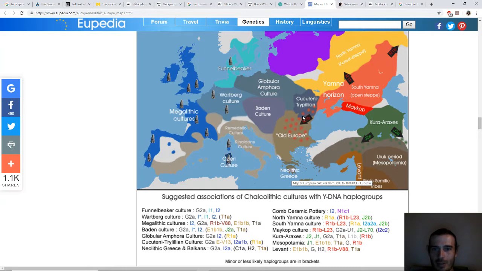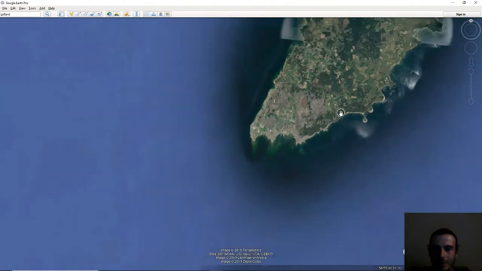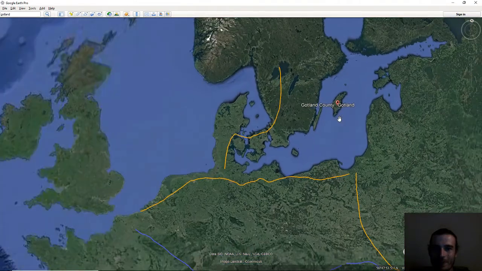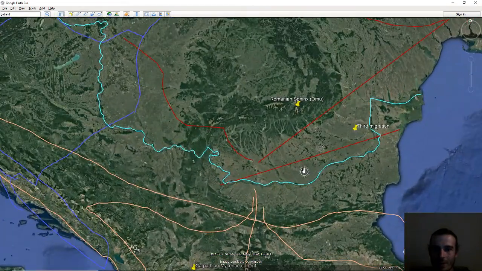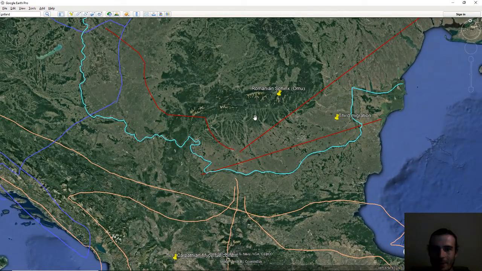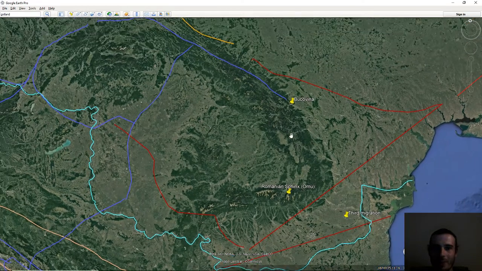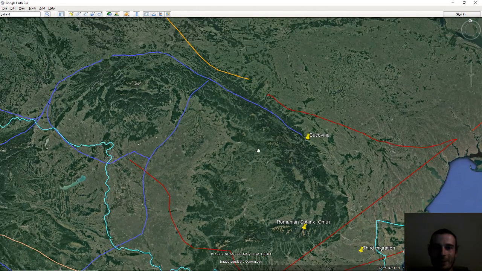So, going back to the map, cradle of civilization. Right here, in this area. The mountains themselves, the Hyperborean Mountains, also known as the Ripae Mountains.